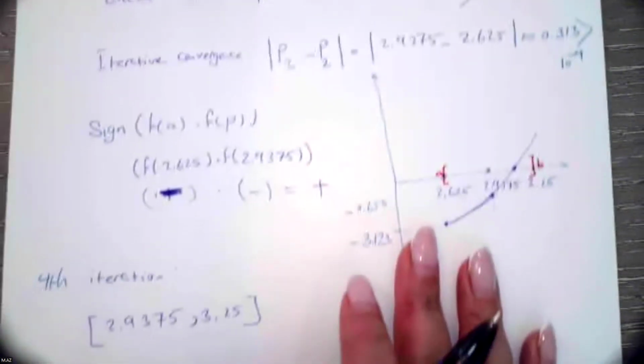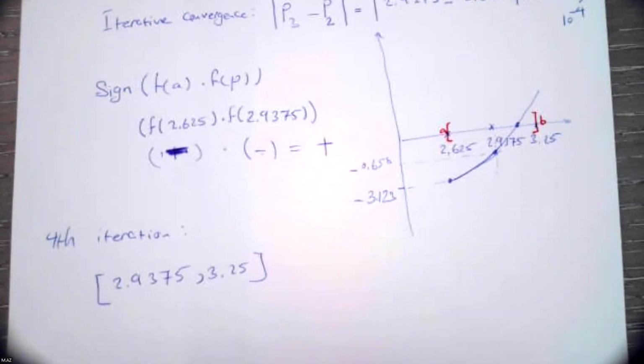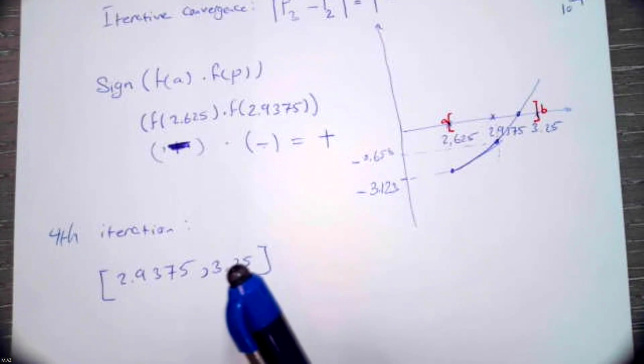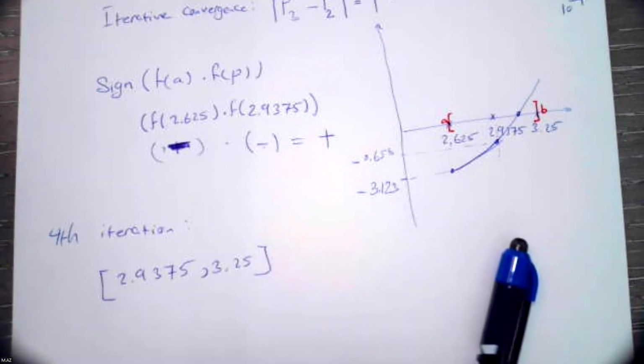Find the midpoint, check the residual, and the iterative convergence. Once the residual or the iterative convergence is less than the tolerance, it means we have the answer as the root of the function.